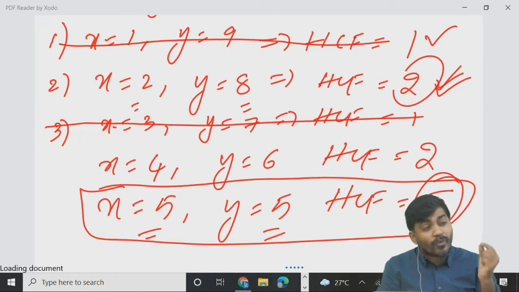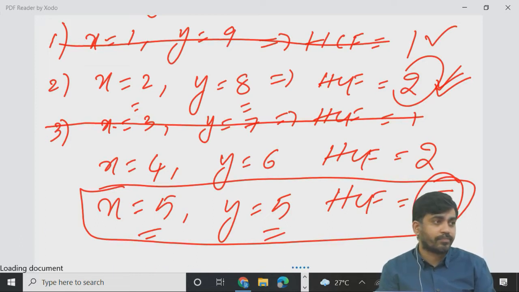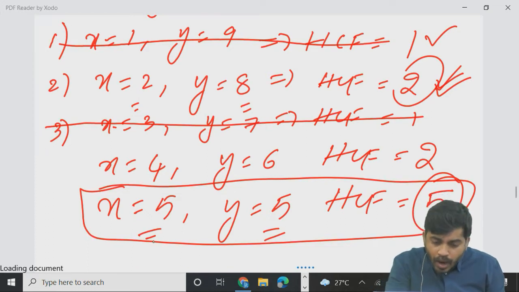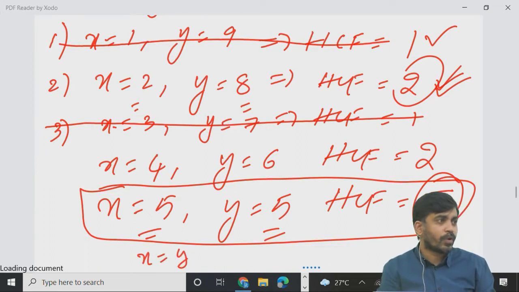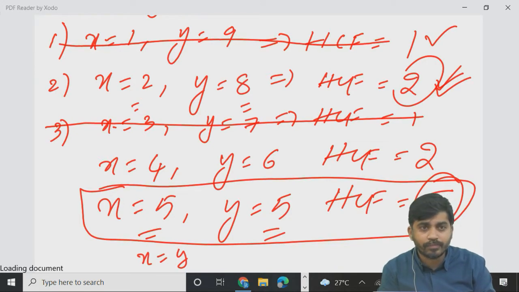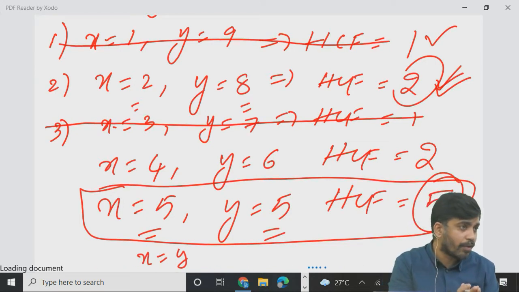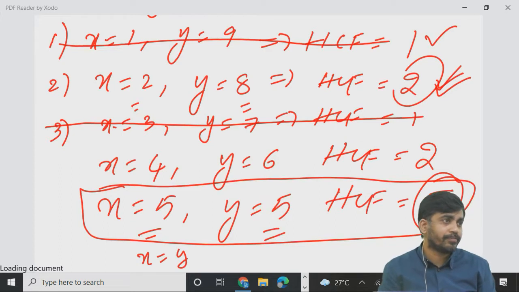So when we are getting the maximum value for HCF, that is important. Whenever two numbers are equal, we get the maximum value for HCF. That's all, simple.